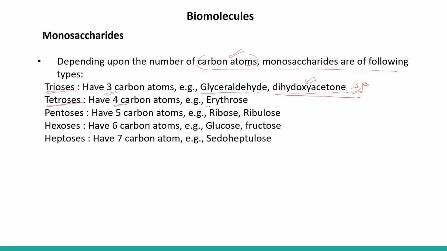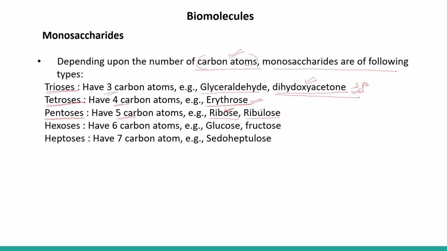An example is erythrose. Pentoses: when the monosaccharide is made up of 5 carbon atoms, it is named a pentose. Examples are ribose and ribulose. Ribose sugar is involved in RNA.